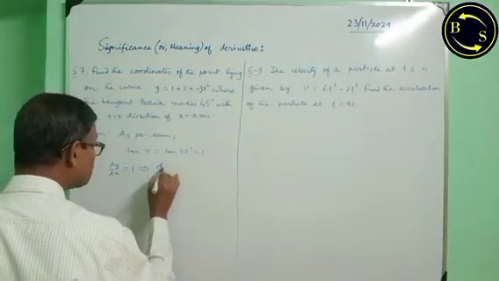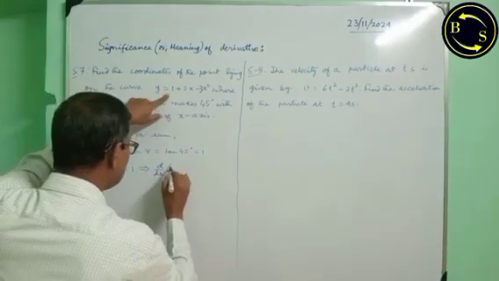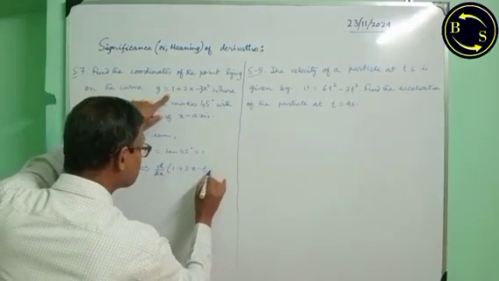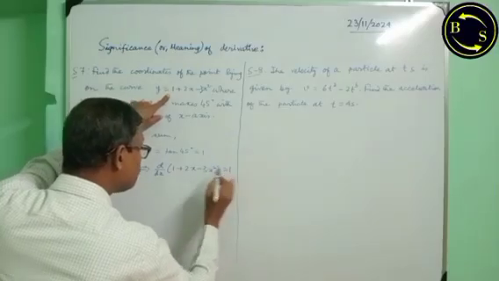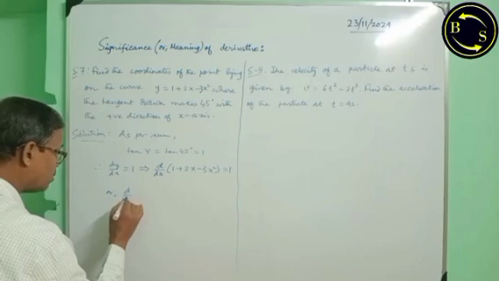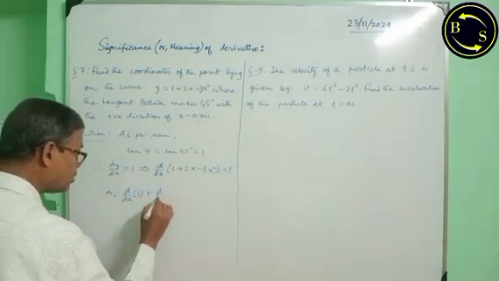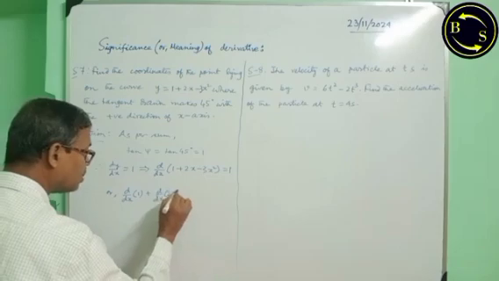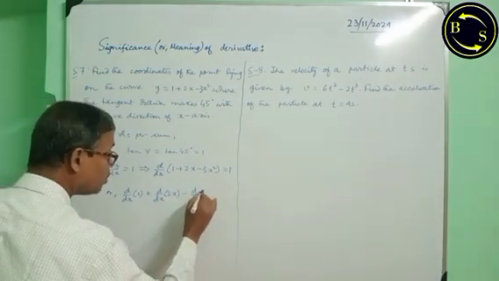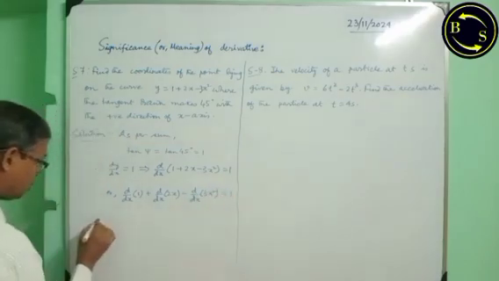dy/dx, that means d/dx of 1 plus 2x minus 3x square is equal to 1, or d/dx of 1 plus d/dx of 2x minus d/dx of 3x square is equal to 1.